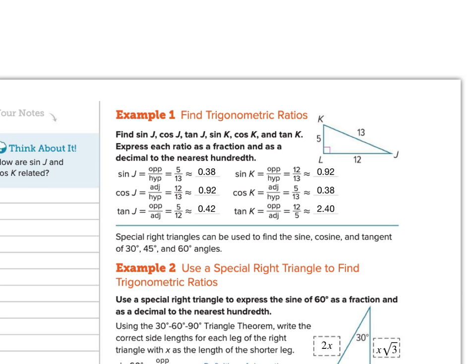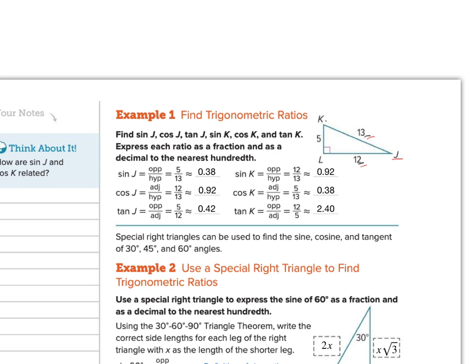Now, if you'll notice, the sine of the acute angles here, the sine of k is the same as the cosine of j. And it would make sense because the sine of k is using the opposite over the hypotenuse, and the cosine of j is using the adjacent over the hypotenuse.